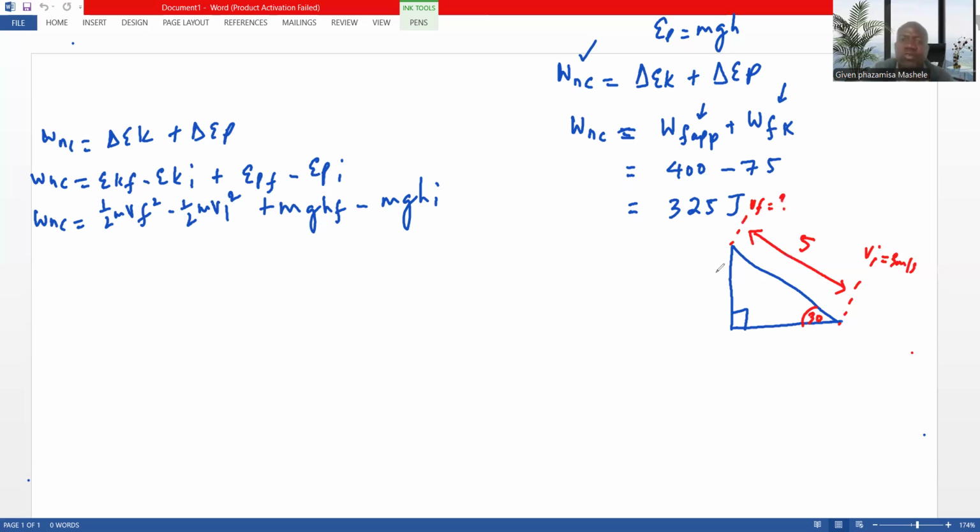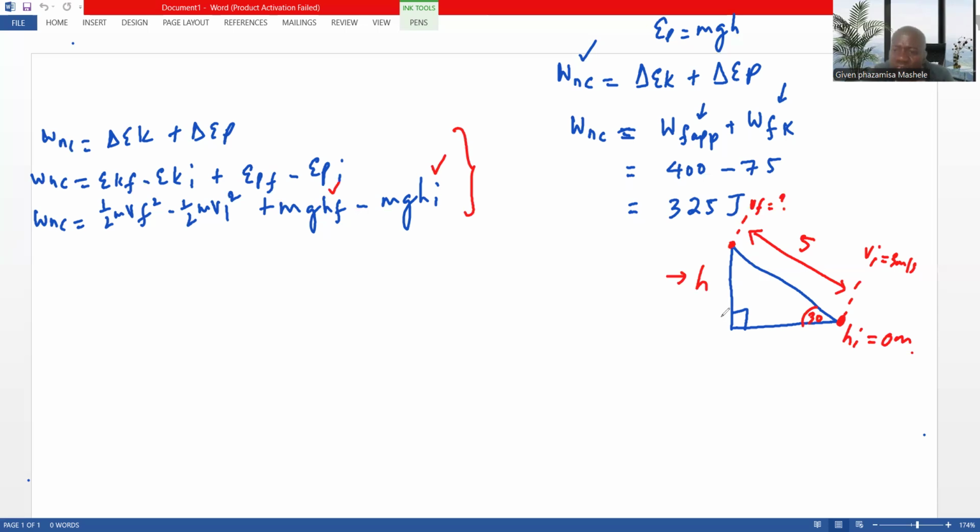Remember, when we are using this formula, you need to know the final height and the initial height. When the object was there, it was at a height of 0, so the initial height is 0 because it's moving up. We want to know the final height, when the object has moved a distance of 5.